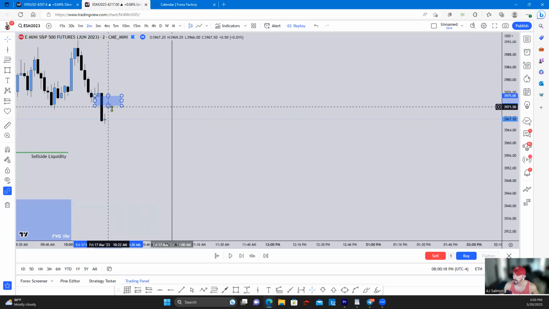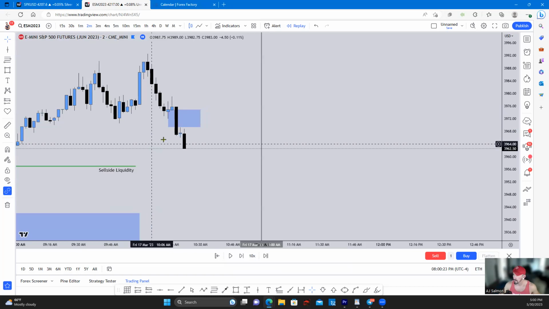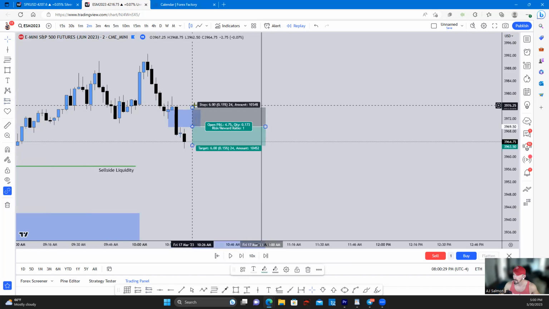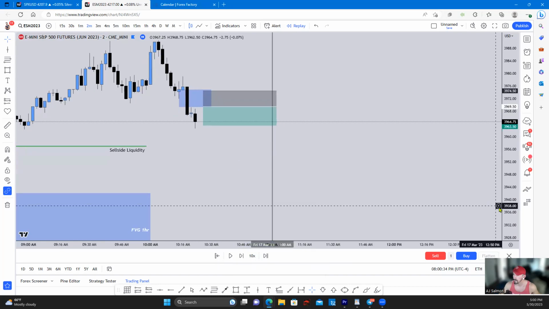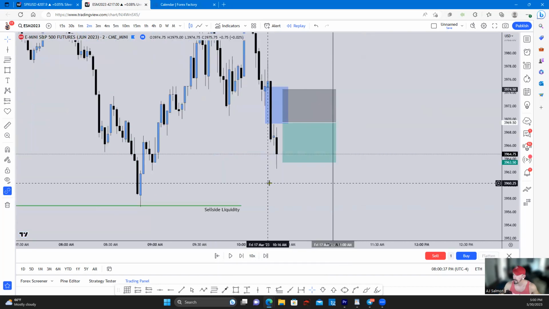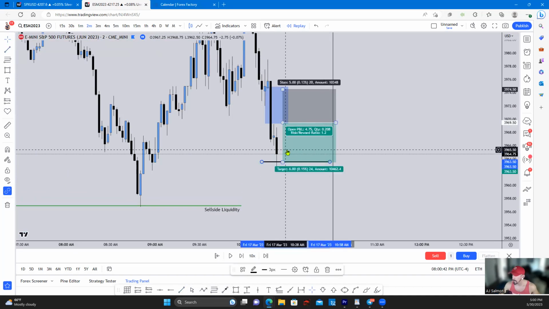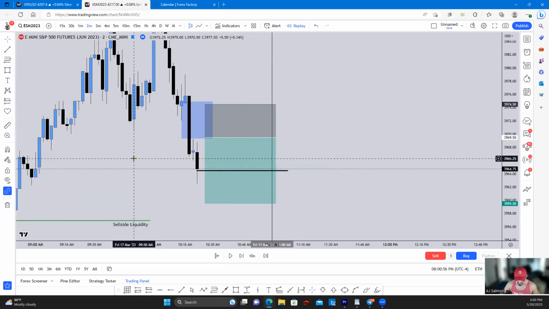We go on 2 minute, we can use this if this candle closes. Okay, so now be looking to take this short, stops 5. First TP 5, second TP 10.